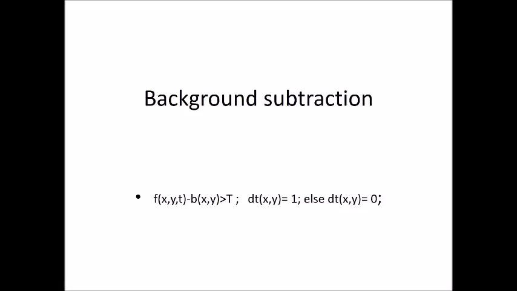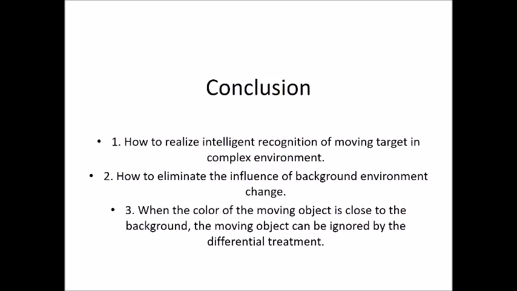If the difference is greater than t, the point is considered to be the target and is set to 1. Otherwise it is background and the point is set to 0, so as to detect the moving object. Also, these two pictures are from my demo.